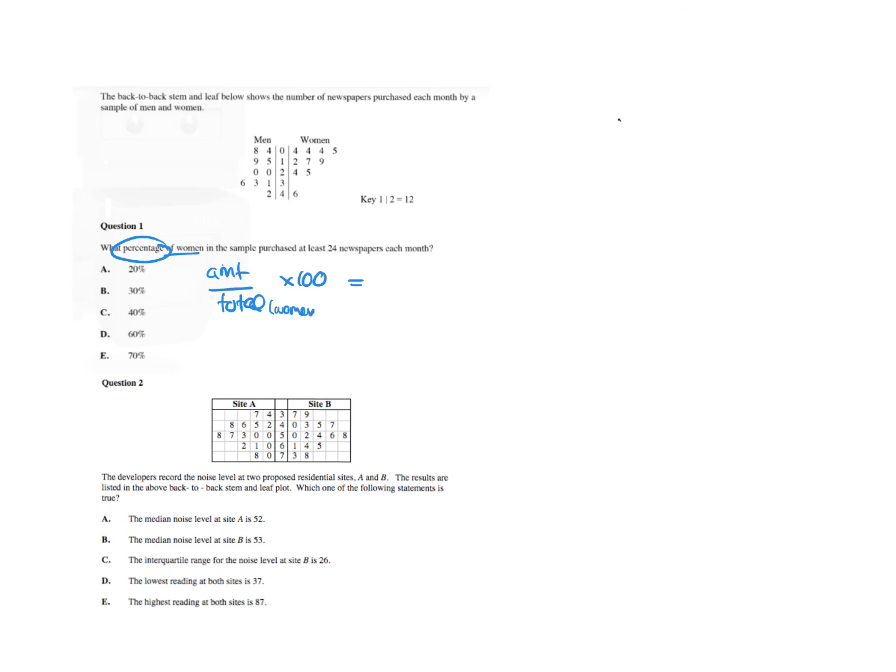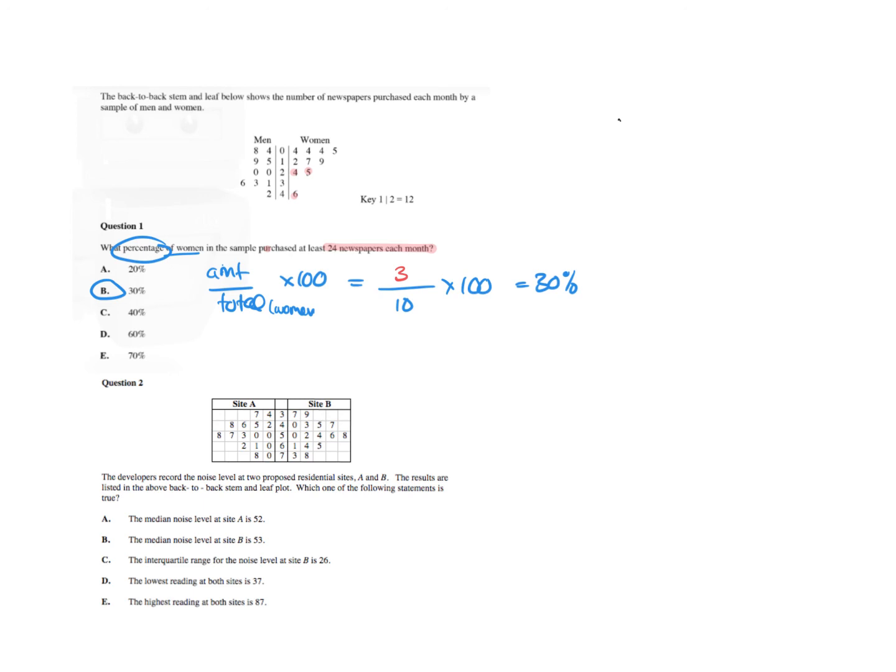We counted that before and we saw that was 10. Then we look at what they want: in the sample purchased at least 24 newspapers each month. So at least 24, we've got 1, 2, 3, so that would be 3, and then we do times the 100, so we get 30%. Just be careful, because they just said percentage of women, they didn't say in total, men and women.